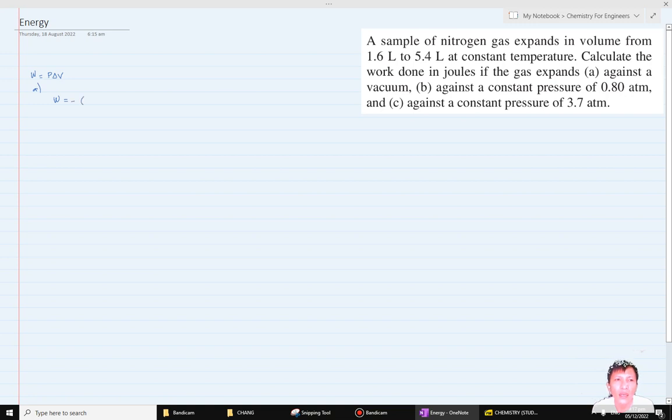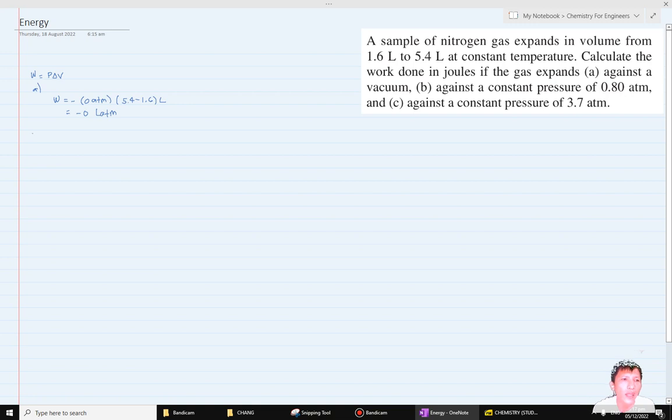But since letter A has 0 ATM, or probably PSI, anything you multiply by 0 gives the same answer, so whatever the unit, it will give you the same answer. So, 1.6 liters times 0 liter ATM, that would be 0 liter ATM.